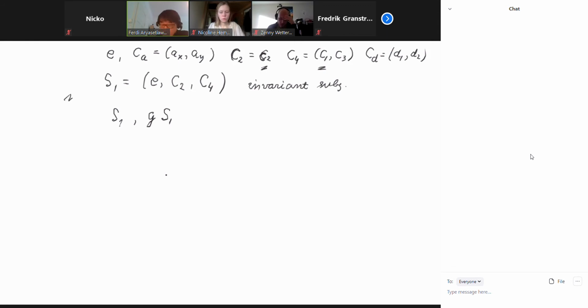So this would give me then CA and CD. Okay, so you take any group element outside S1 and multiply it by S1, then you get this coset.